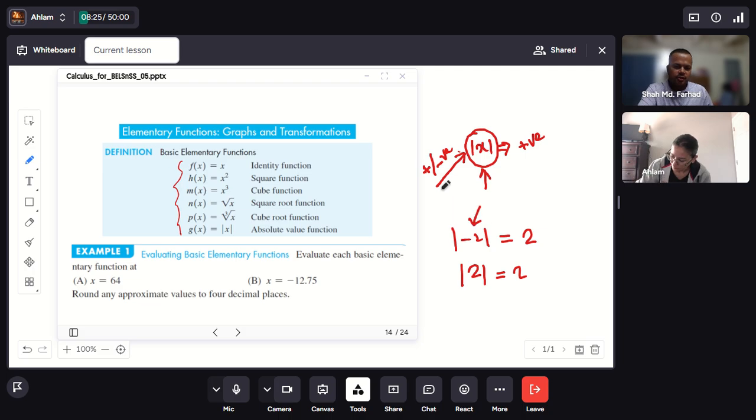So that means if the input is positive, then you will get positive. If the input is negative, then you will get positive. That means the output doesn't depend on the input sign.